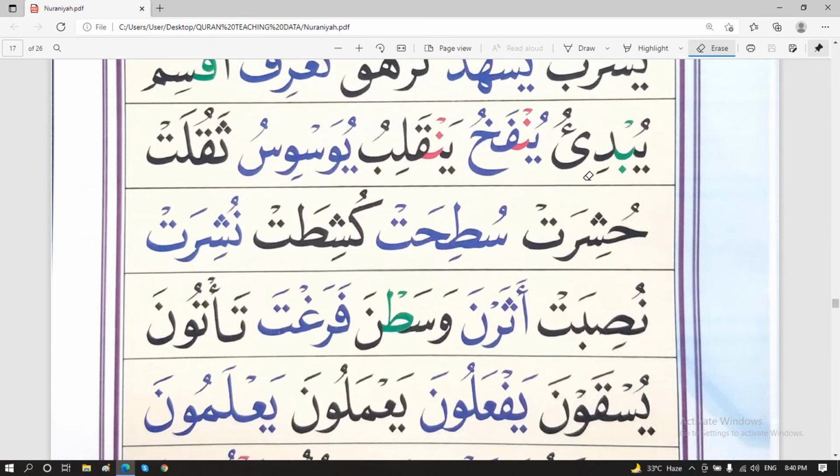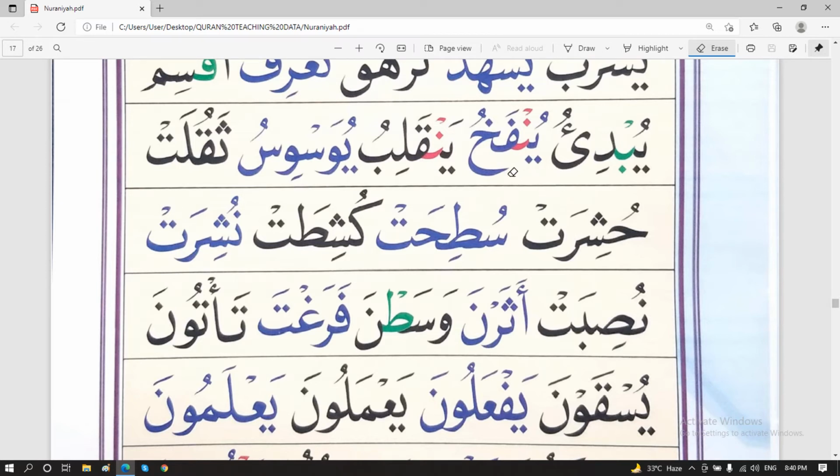Next line. يا با ضمة يب دال كسرة دي يب. Qalqalah, bounce, يب دال كسرة دي همزة ضمة أو يبدئ. يا نون ضمة يون فا فتحة فا خا ضمة خو ينفخ.